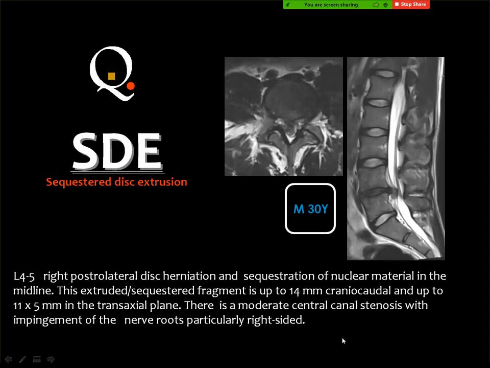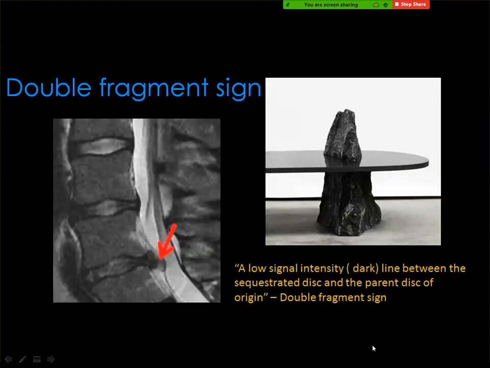And the frequency of a disk fragment like this compared to granulation tissue is very high for a sequestrated disk fragment, and they call this the double fragment sign.